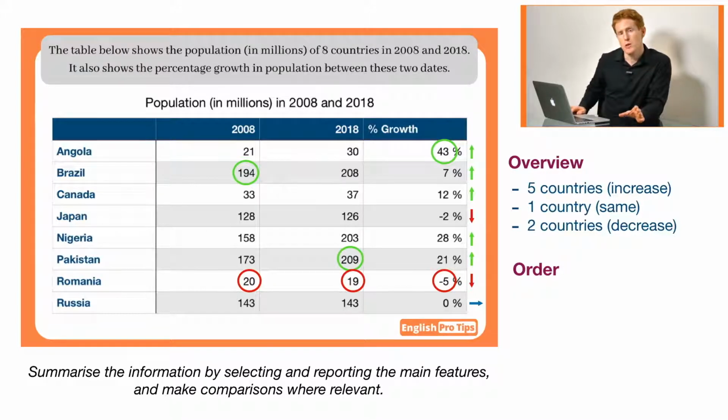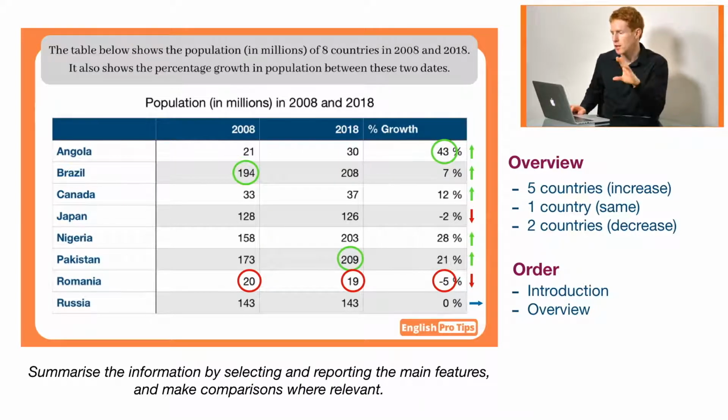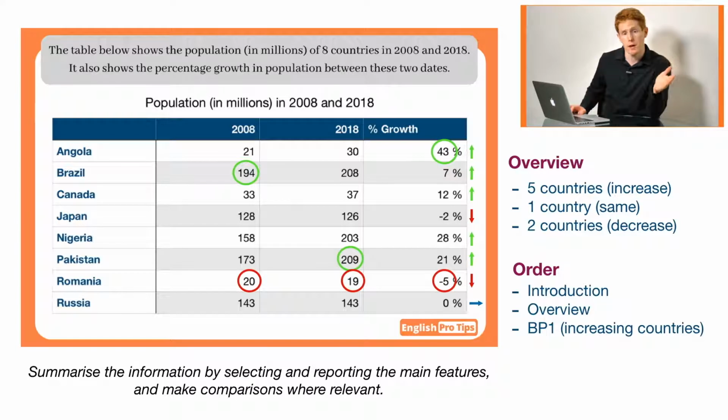Now this would also affect the order that I write my answer in. So typically in task 1, you start with your introduction, then you have your overview, and then what we identified in our overview will shape our body paragraphs. So in this case, because we have 5 countries that increased, I would have the first body paragraph as the countries that increased.